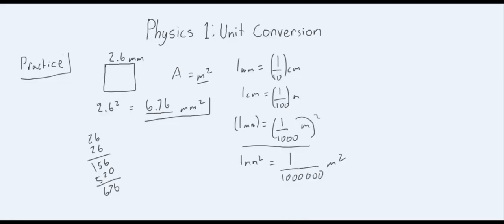And we have the actual numerical value of the area in millimeters squared. So now we're just looking to find the area in respect to meters squared. So to do that, we just plug this value into the numerator of this fraction.